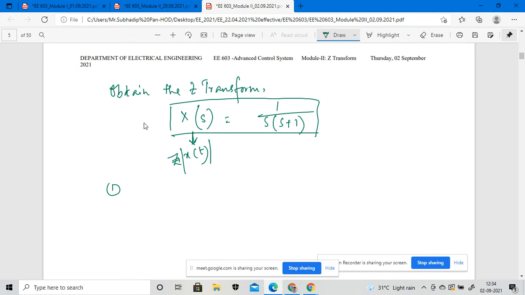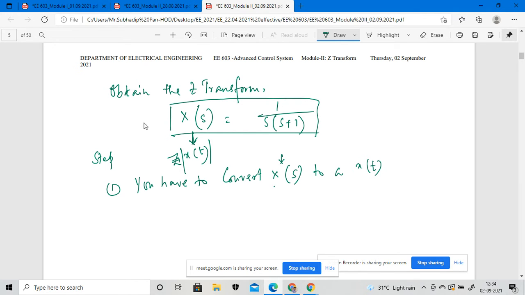You have to obtain the Z transformation. So what are the steps? First, you have to convert the X of s, which is considered in the Laplace domain, to the time domain, that means X of t.